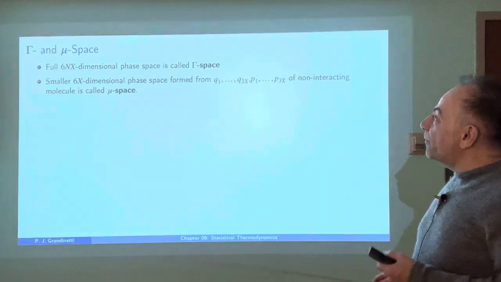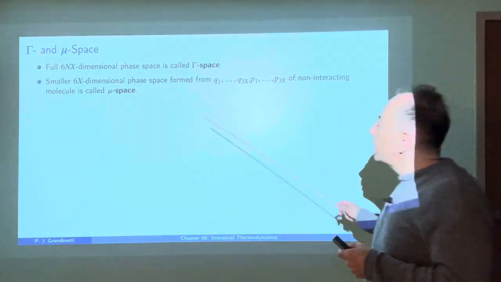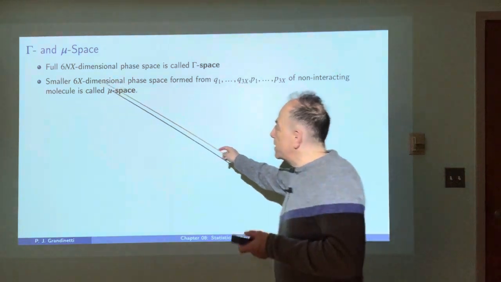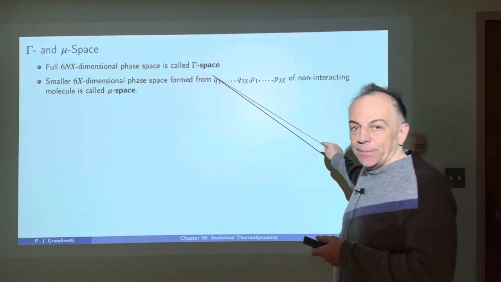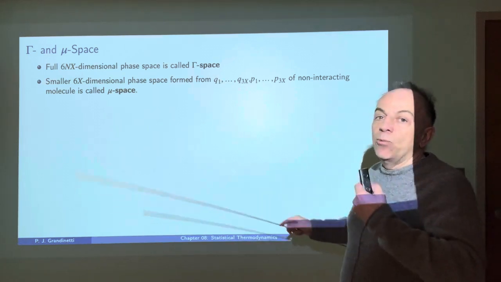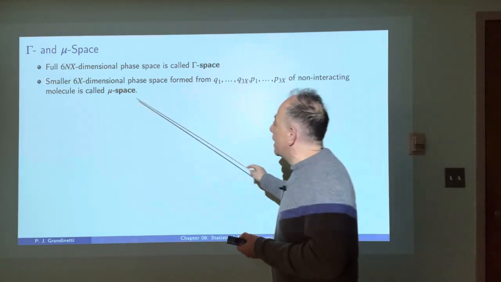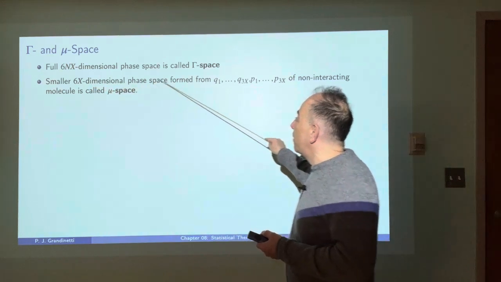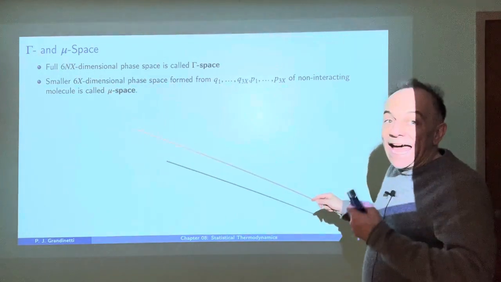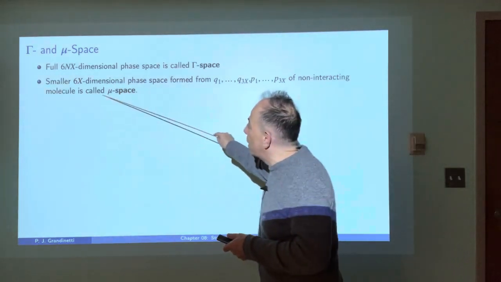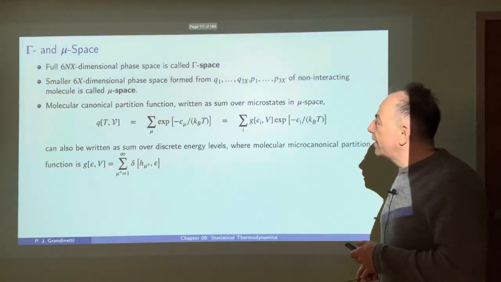All right, now, when we do this, we're going to take the full phase space, which is 6 times N times x, and call that gamma space. And then we can work with a smaller space, which is the 6x dimensional phase space formed by the positions and momenta of the atoms in the molecule. That's going to be called mu space.